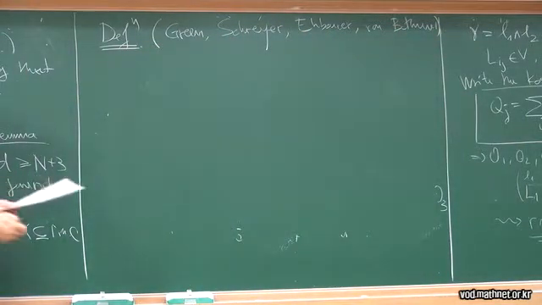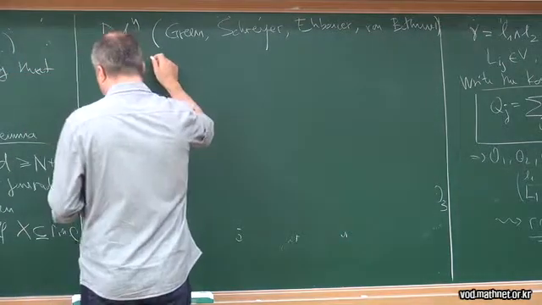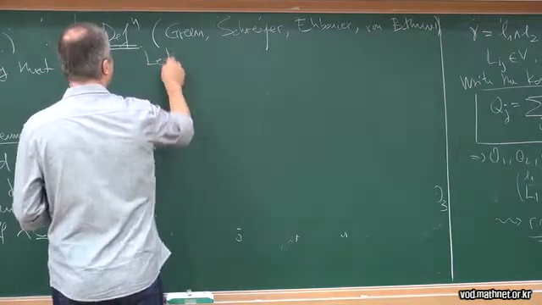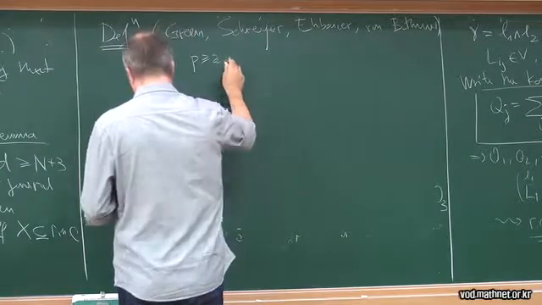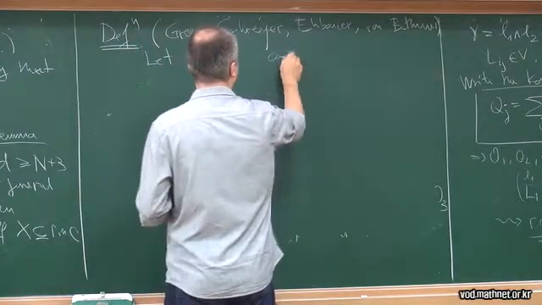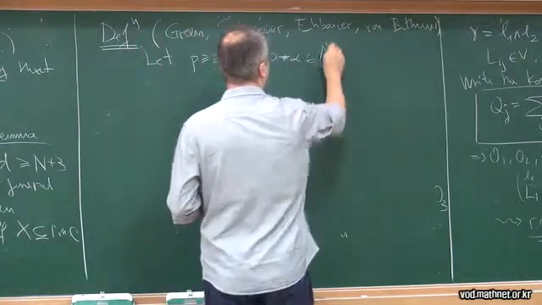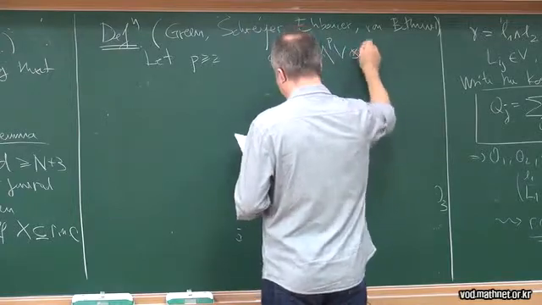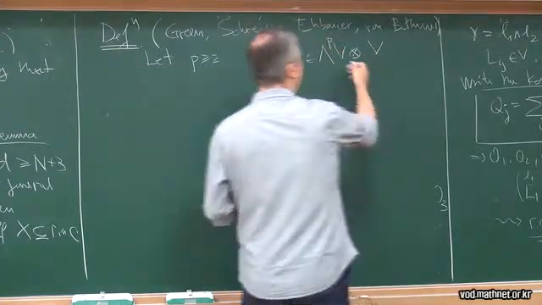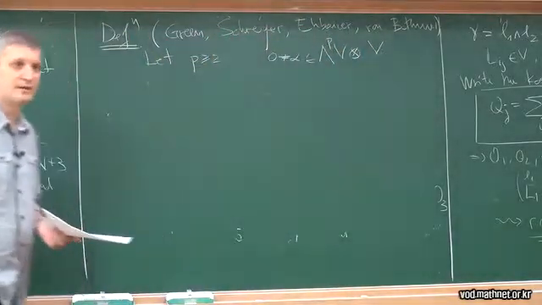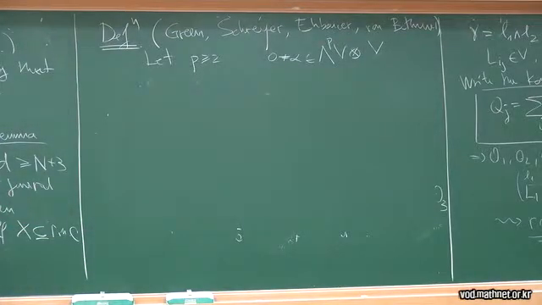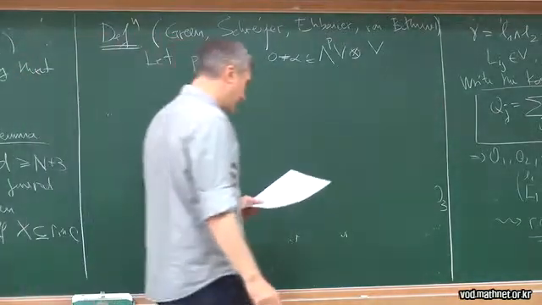So let's assume p bigger than 2 and alpha different from 0, an element in wedge p of V tensor V. So we know that this gives classes, Koszul cohomology classes.